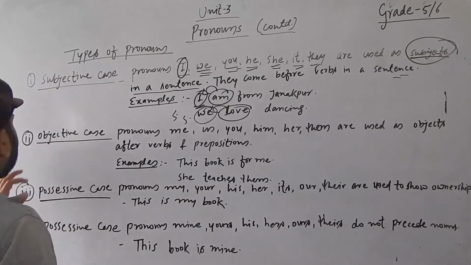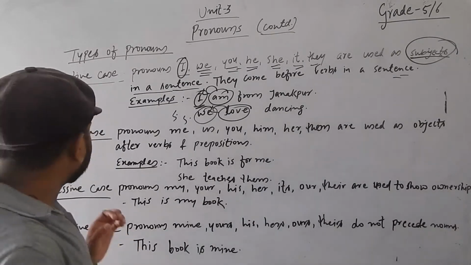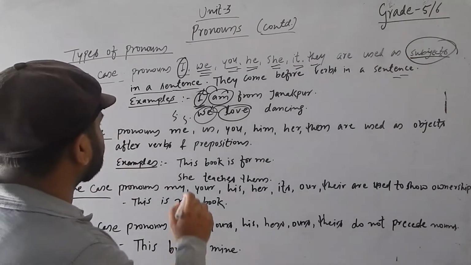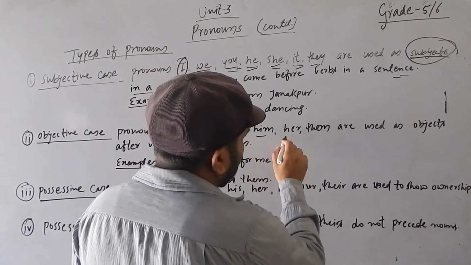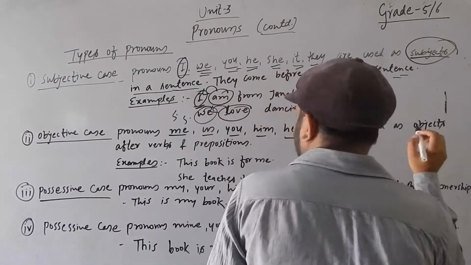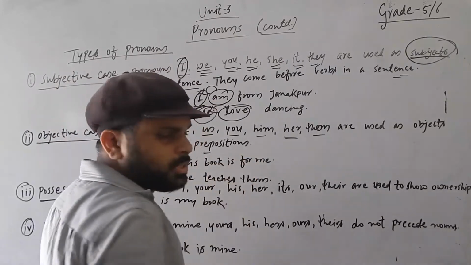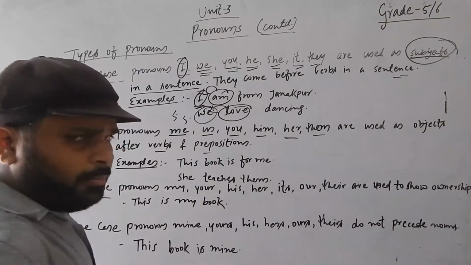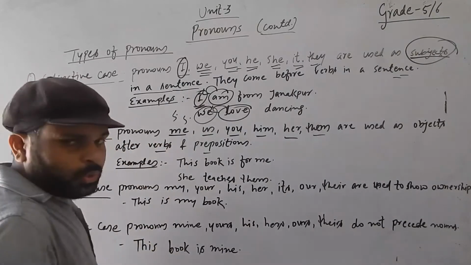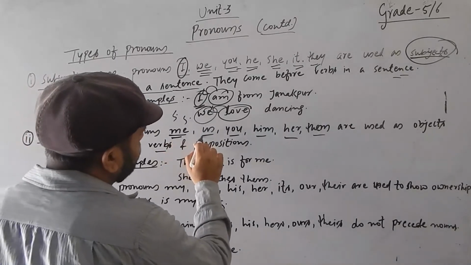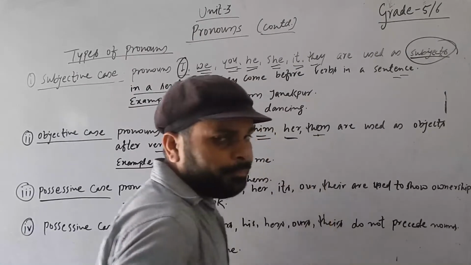Now, second portion. Objective case. We talked about the objective case. Objective pronouns me, us, you, him, her, them are used as objects after verbs and prepositions. Listen again. Objective pronouns are those: me, us, you, him, her, them.